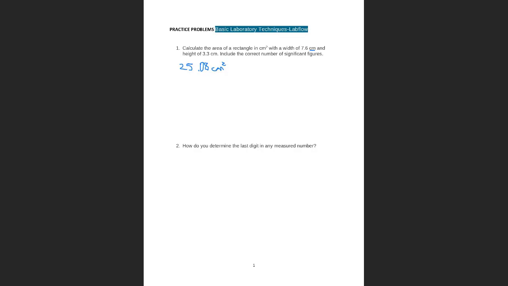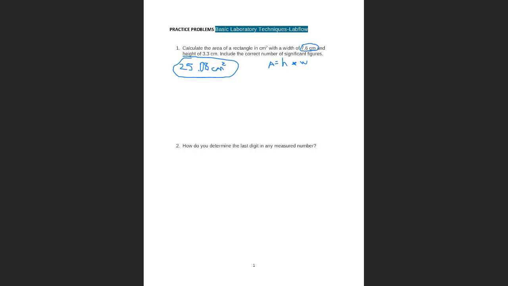So now the calculator gives you all this. But you multiply, right? The area equals the height times the width. So because you are multiplying, you have to look at the sig figs of each number. How many sig figs has 7.6? 2.